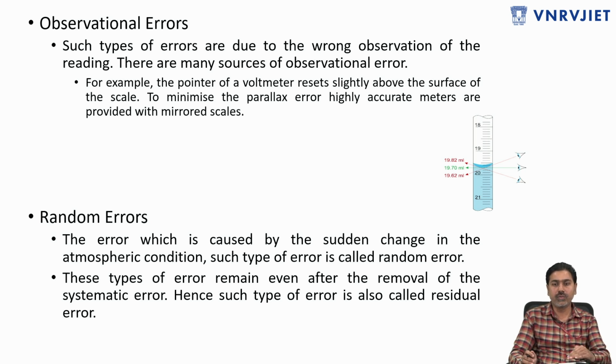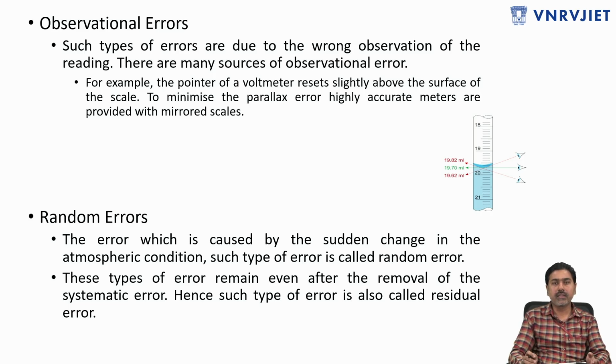To avoid this, we need to closely observe and then record the reading, or take readings from different experimenters. The best example of observational error is the parallax error. Analog meters have a mirror to avoid parallax errors, where the pointer is made to coincide with its image on the mirror, and then that reading helps avoid the parallax error.